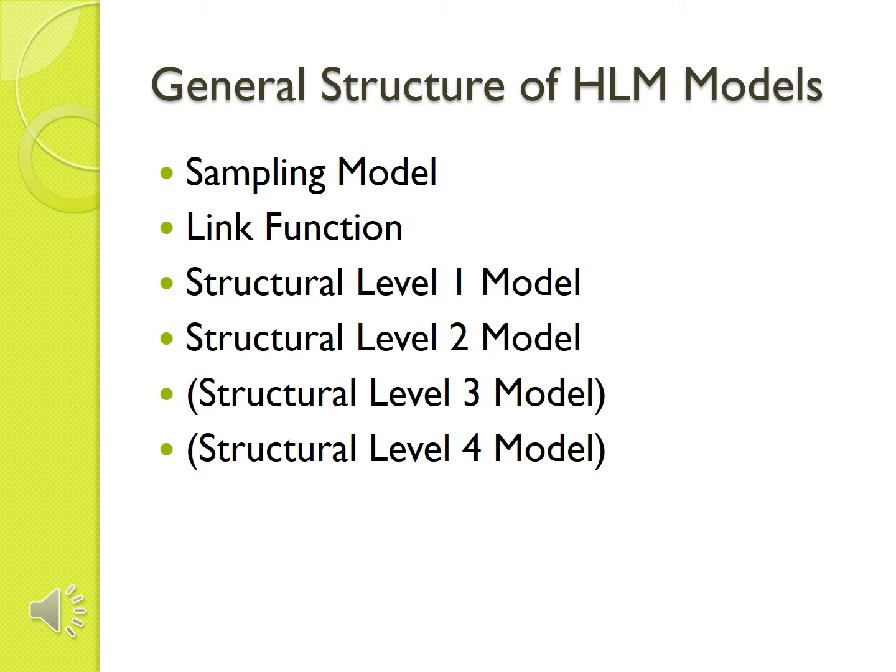This doesn't matter if you have a normally distributed continuous outcome, a dichotomous outcome, a multinomial, an ordinal, a Poisson distribution, a zero-inflated Poisson distribution, or anything you might come up with. Once you've dealt with understanding the sampling model and choosing the right link function, everything else is the same across the multilevel models.